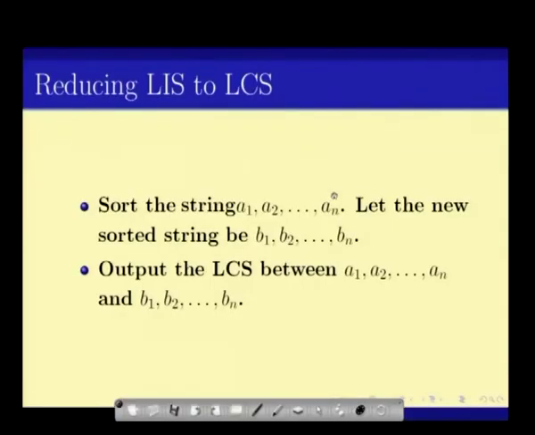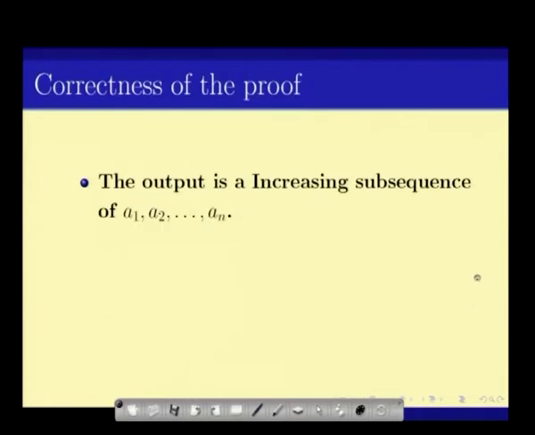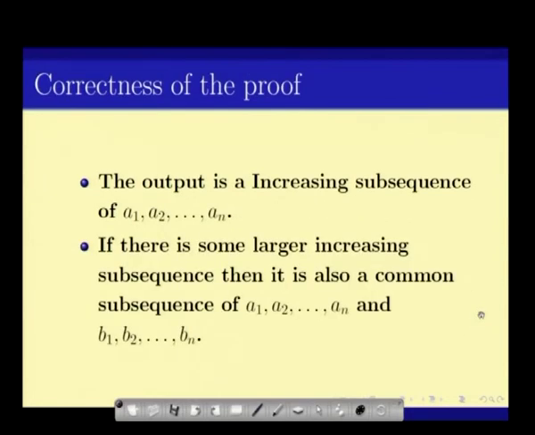Because the longest increasing subsequence of a1 to an is also a subsequence of b1 to bn, since b1 to bn is sorted and that subsequence will not be changed. In other words, if there exists any larger increasing subsequence, it is also a common subsequence of a1 to an and b1 to bn.